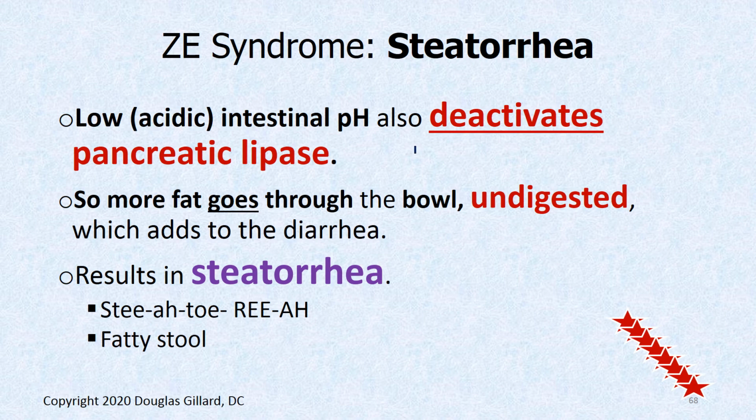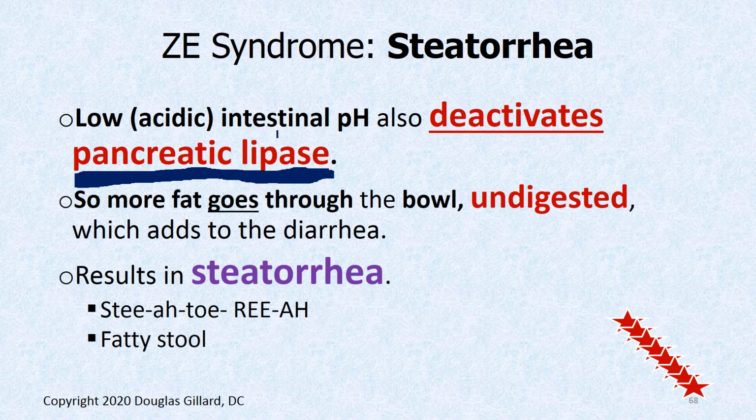But the acid, the really low pH, also deactivates a very important enzyme released by the pancreas, and that's pancreatic lipase. We need that to break down fat so we can absorb the fat and get it into the bloodstream and out of the fecal material.